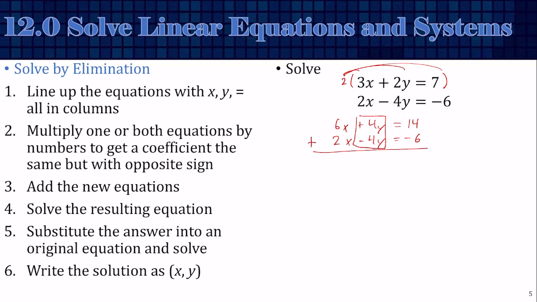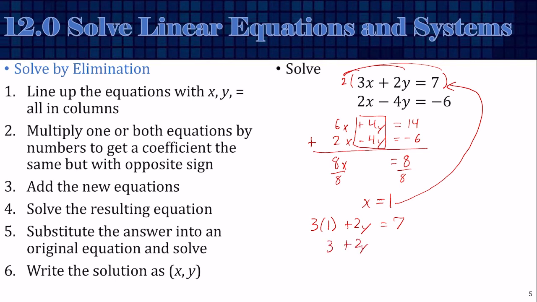So now we're going to add these equations. It gives me 8x plus 0y equals 8. Divide by the 8 to solve for x, so x is 1. Now we're going to take that and plug it into one of the original equations. Let's say the first one, which is 3x plus 2y equals 7.